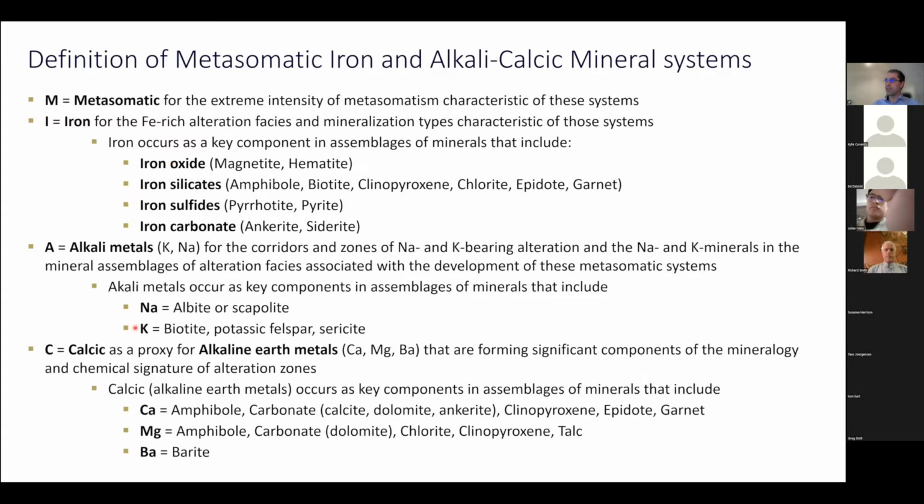So having potassium with iron, for example, doesn't have the same significance as having calcium or magnesium with iron. So this is to integrate as well this component of these hydrothermal systems. And then the other alkali metal that is extremely important, especially for the regional recognition, is sodium.